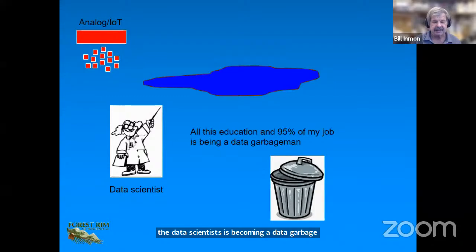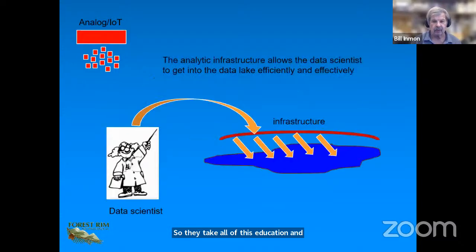That data scientists, if they have to operate on a data lake, are not in a position to do data science. They are in a position of having to wrangle and hassle with and clean up and understand data. So they take all of this education and it is not useful in the real world.